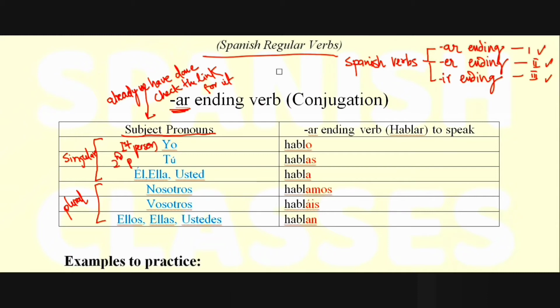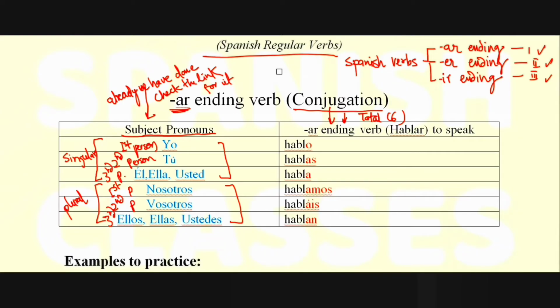First person, second person, third person, singular, and first person, second person and third person plural. These are plural subject pronouns and singular subject pronouns. And respectively we have conjugated the verb in 6 forms. Those are written. You can see these are known as conjugations of the verb. There are total 6 conjugations given below.